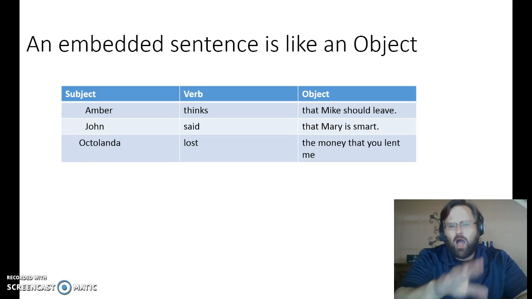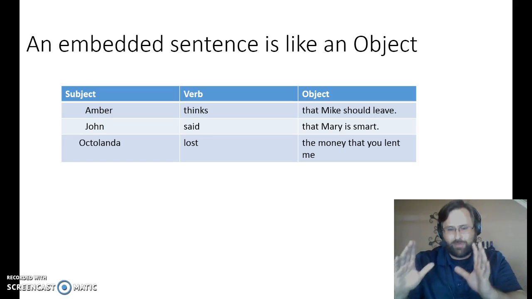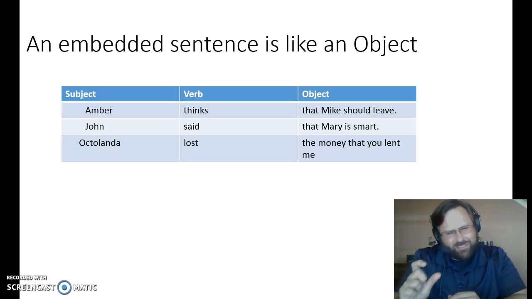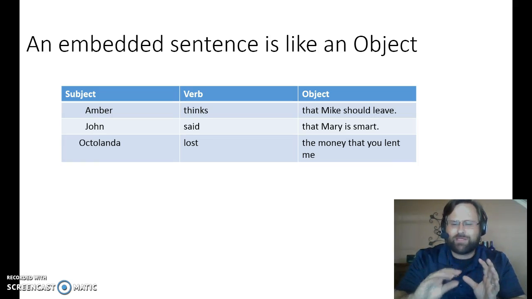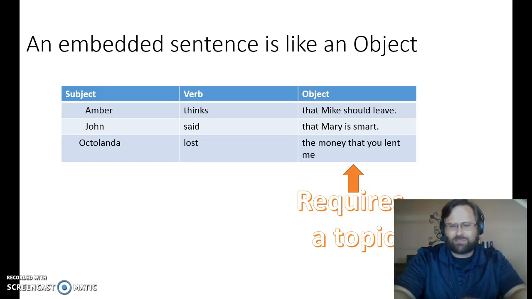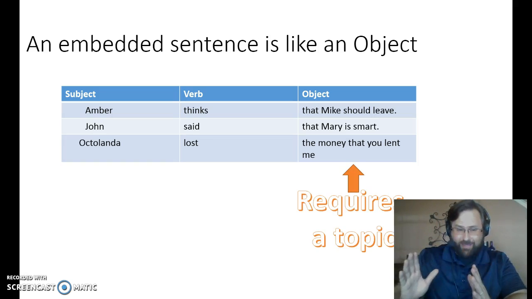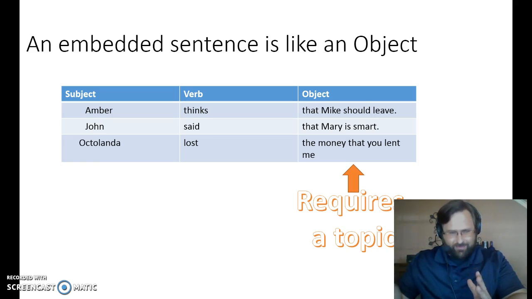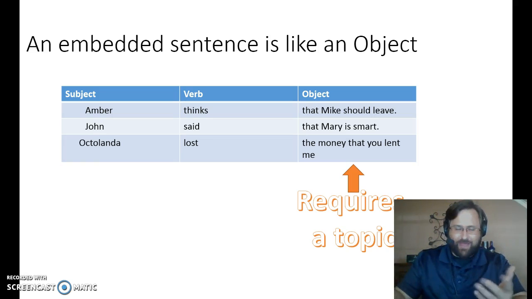Because it's not that Octolanda lost, you lent me money, but it's money that she lost. And because money is what she lost, what we want to do is we want to put information behind the money. So we want to make that sentence an object, the money that you lent me, and then say that Octolanda lost it. And so that sentence would go something like this.